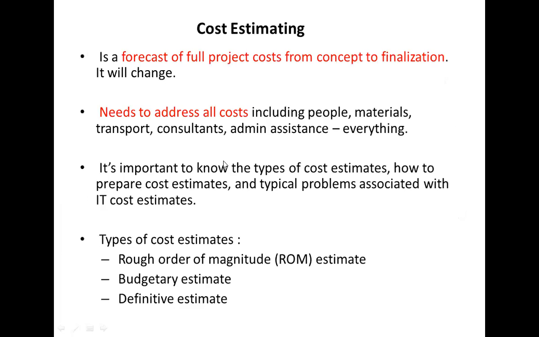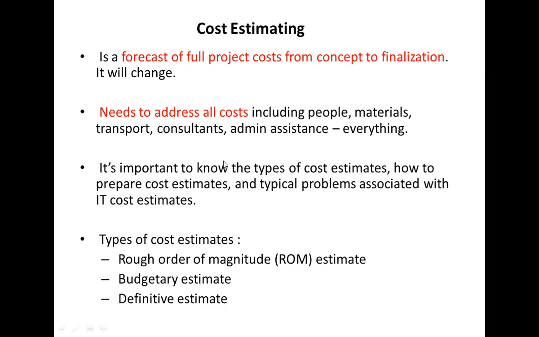So in cost estimation, what we do is look at the forecast of full project costs from the concept to finalization. To have a realistic cost estimation, one needs to have a very good idea of the project requirements.